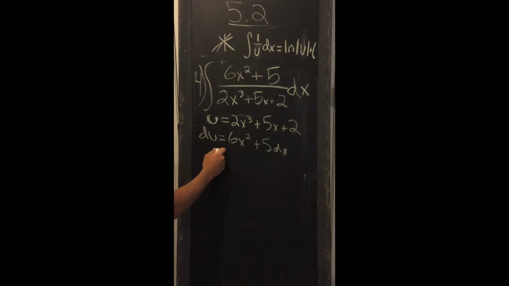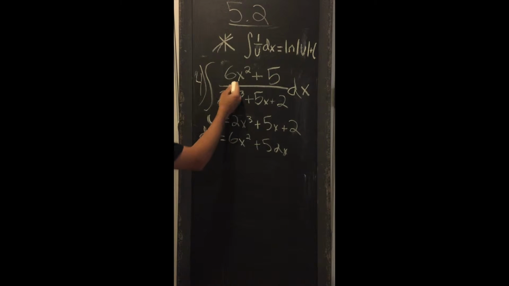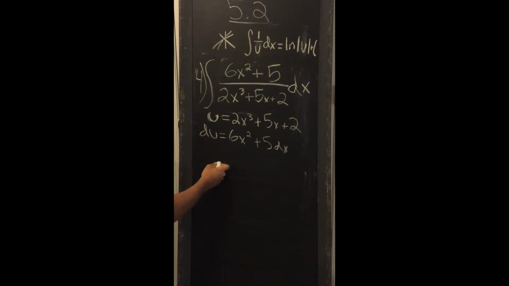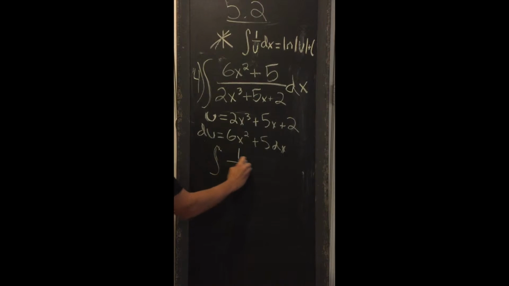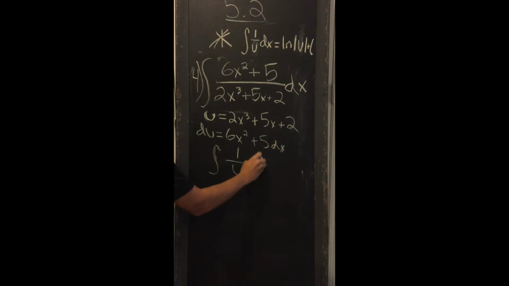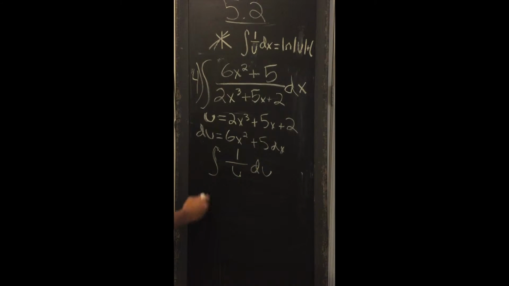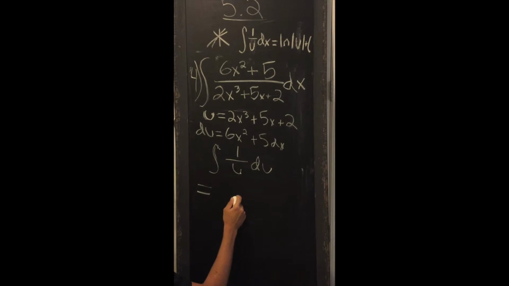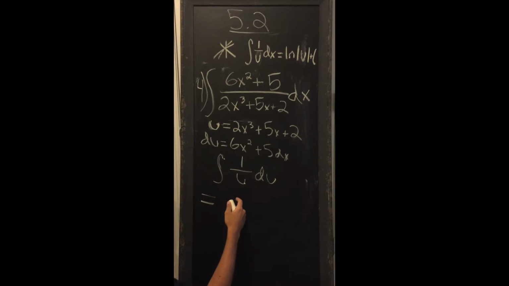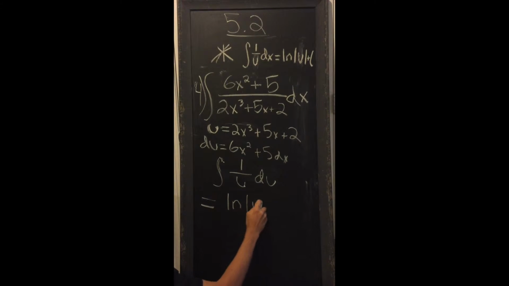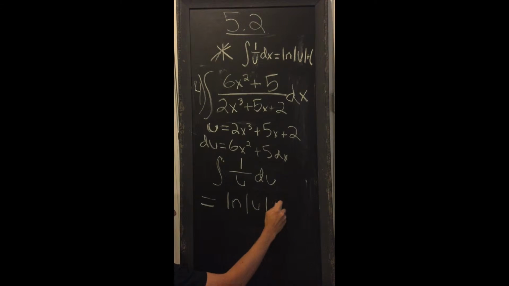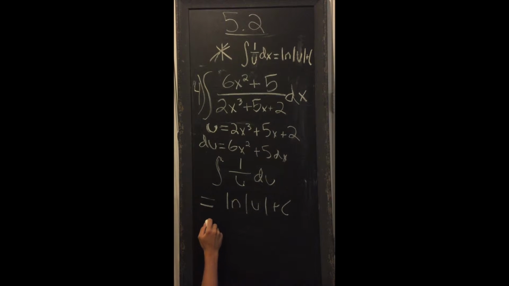So since the numerator is the same as the derivative of u, you can simply plug in the equation 1 over u du. So now using the formula of the integral of 1 over u, you get the natural log of u. And then you simply plug in u and add plus c.